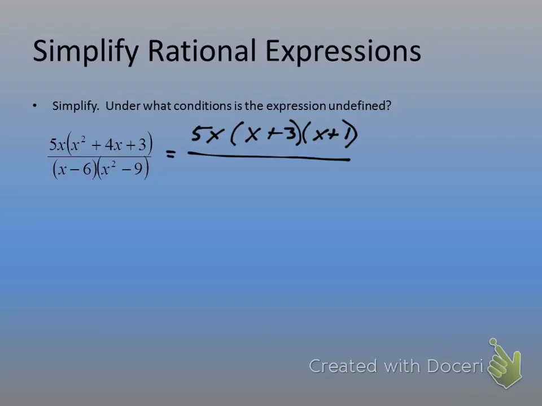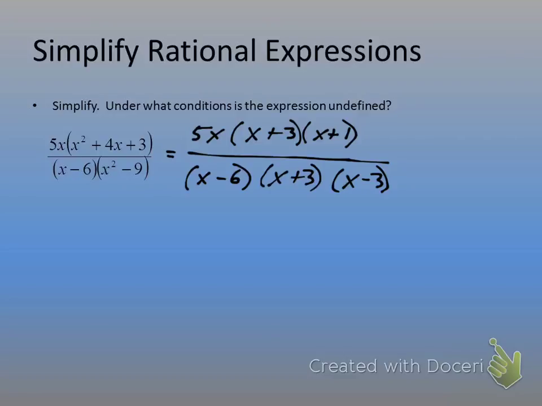All over, you're left with the x minus 6, and then x squared minus 9, sorry, factors into x plus 3, x minus 3. So your first step is to go through and factor everything.